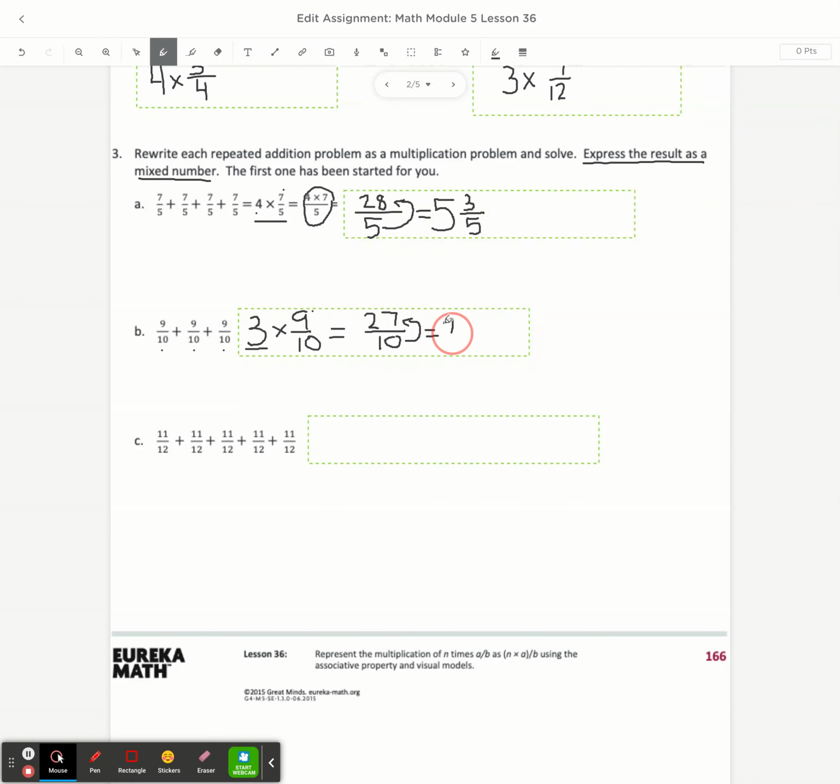And I'm going to stop right there. If I skip count any more, I'll go past 27. My denominator again stays the same. When I skip counted, I ended at 20. So I can either count up until I get to 27, or just know that 27 minus 20 is 7. Either way, I get my answer of 2 7/10.